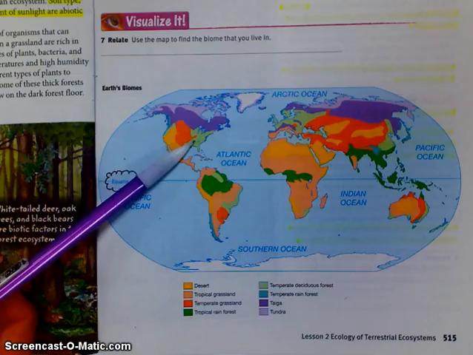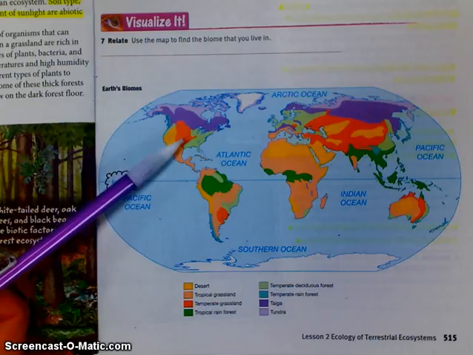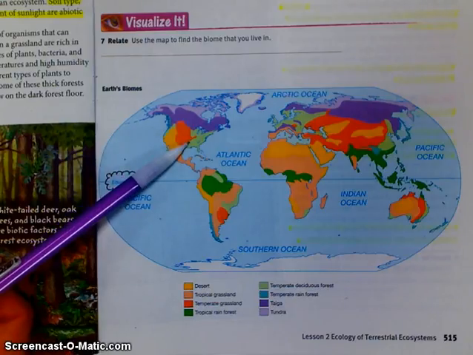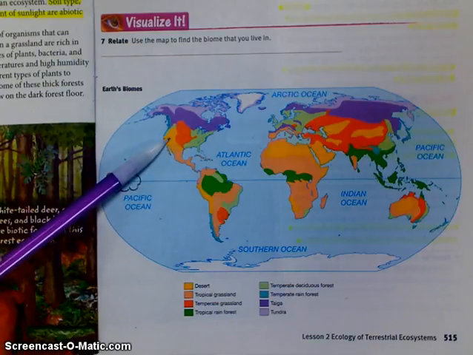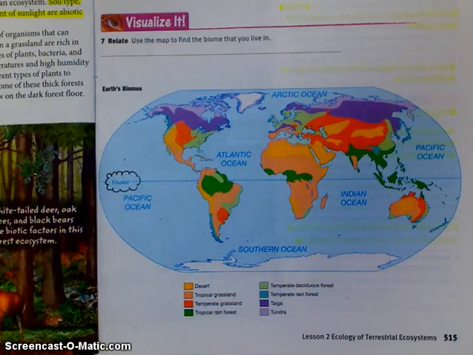Deciduous means that it's trees that will lose their leaves in the winter. Then the yellow-orange is desert. That makes sense because New Mexico and Arizona are over here. So those are the three major biomes that you'll see in the continental United States.